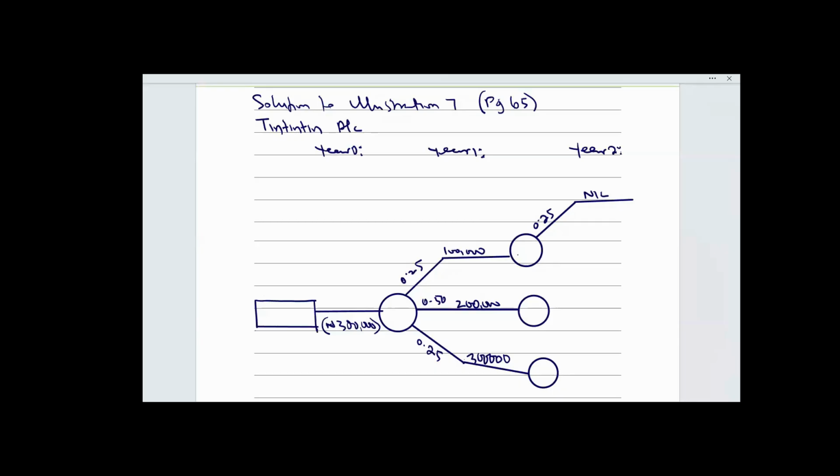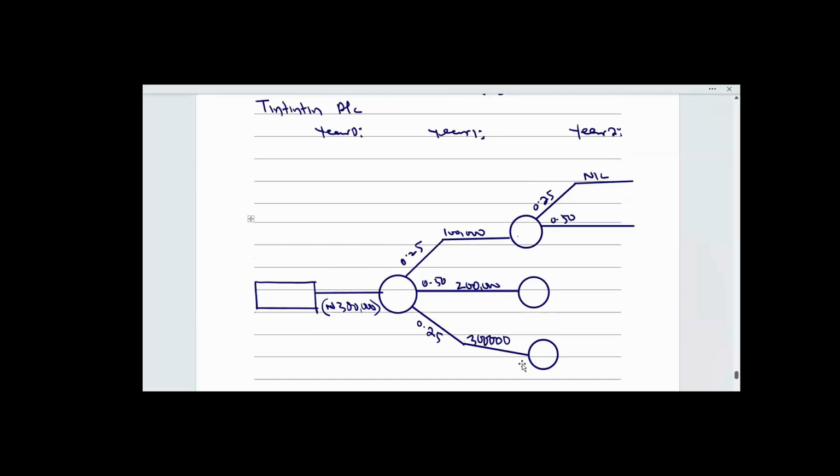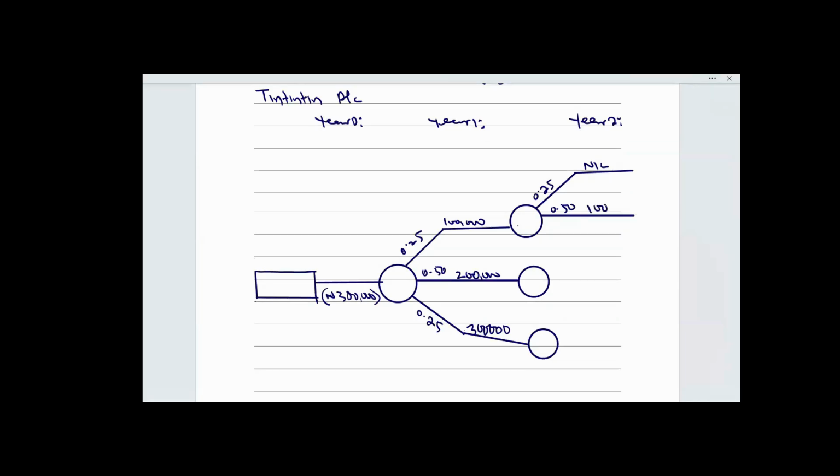Okay. If cash flow in year one is 100,000, there's a probability of 0.50 that cash flow in year two will be 100,000. Here will be 100,000.